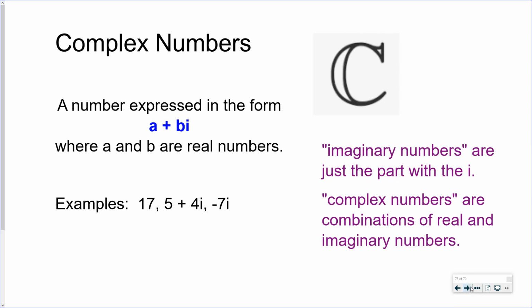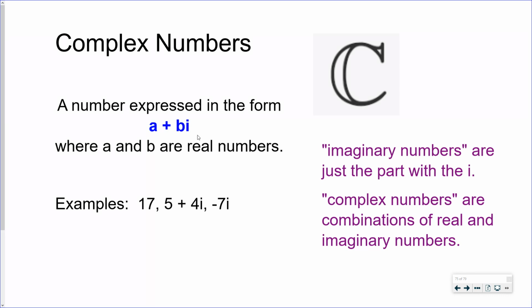This gets us to the next set of numbers called complex numbers. A complex number is any number I can write in this form, a plus bi. So b is like a coefficient of i, the imaginary number, and a and b have to be real numbers. So 17 is a complex number. It doesn't have any i's, but it's just as if b, the coefficient, was 0.